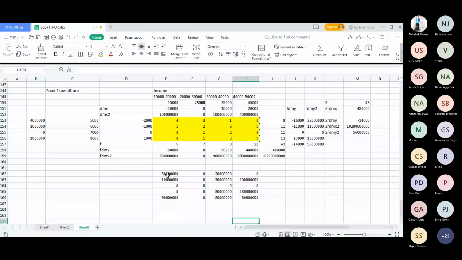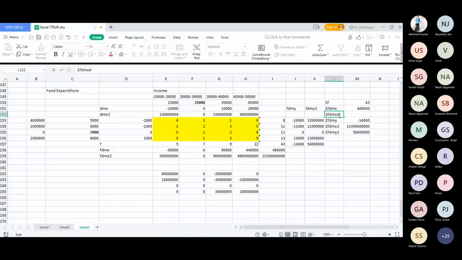So it will take this. So the sum becomes 1 5 and 7 zeros are there. So it will make the summation of these values, summation of f dmx dmy.